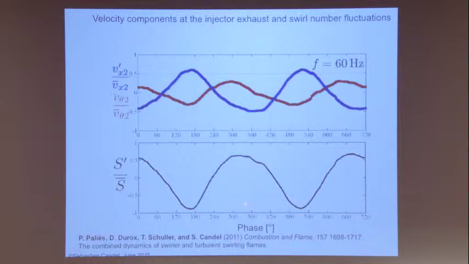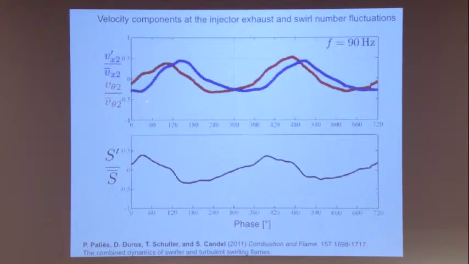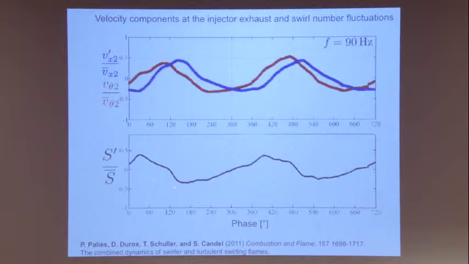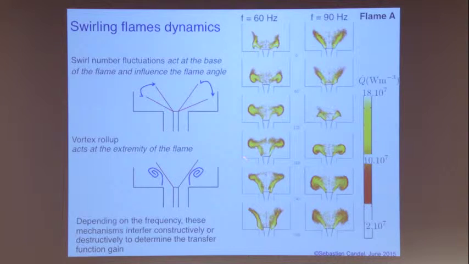So in this case, you have a fairly strong swirl number fluctuation, and this is the case where the interference gives you a minimum. And then at 90 hertz, you have something like that. The fluctuation in swirl number is lower, and in this case, you have a maximum. So there are these two mechanisms. One is vortex roll-up and interaction with the flame, and the other one is the flame moving due to this breathing. At least this is our interpretation.